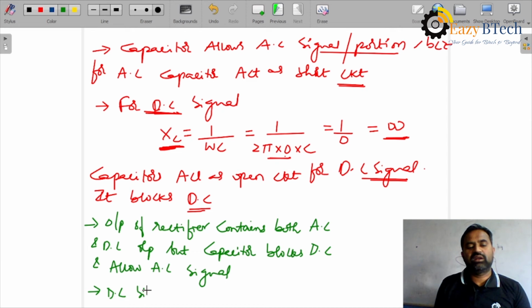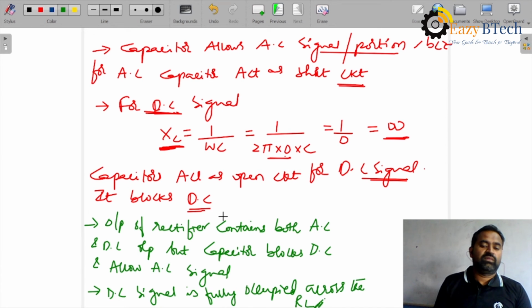The DC signal fully appears across the load resistance RL. Okay, that depends upon the time constant. We will see.